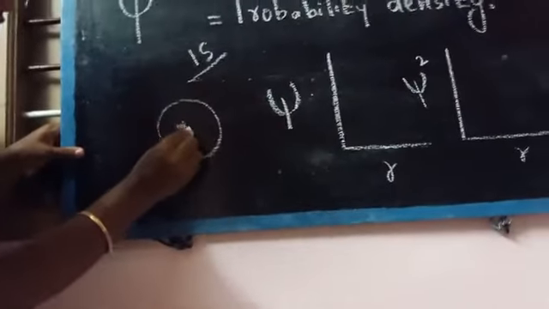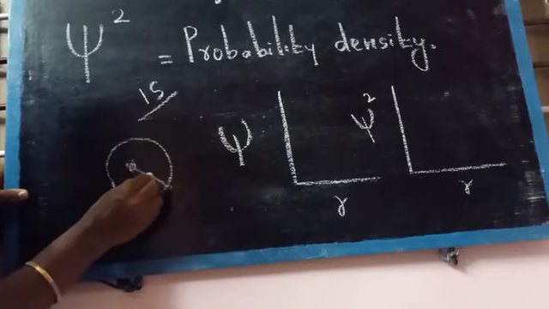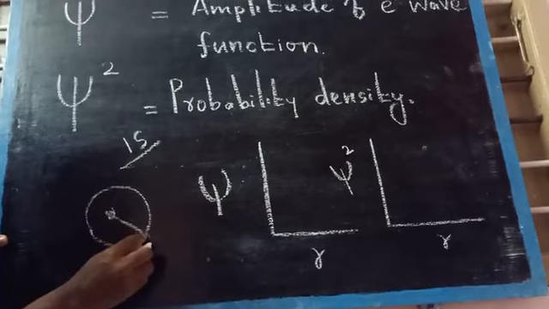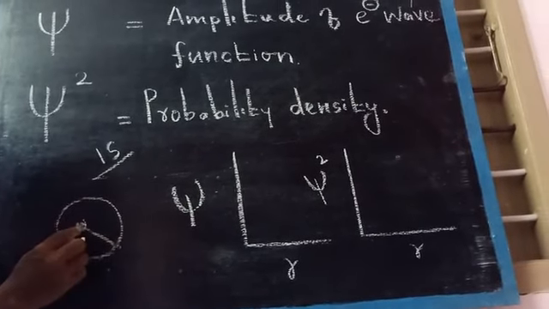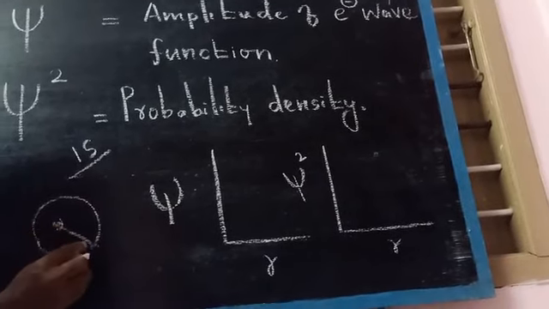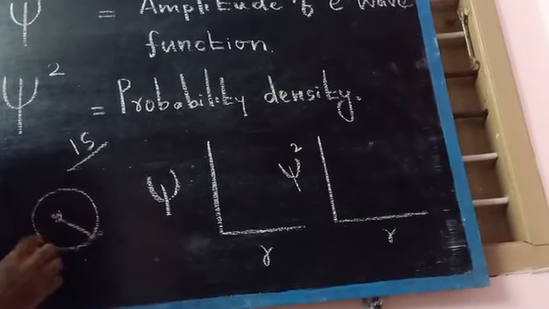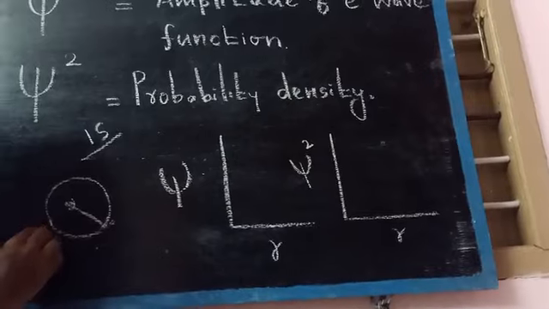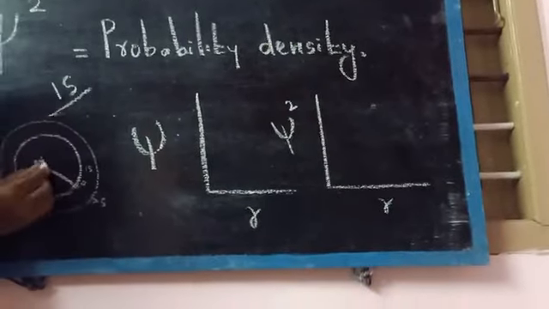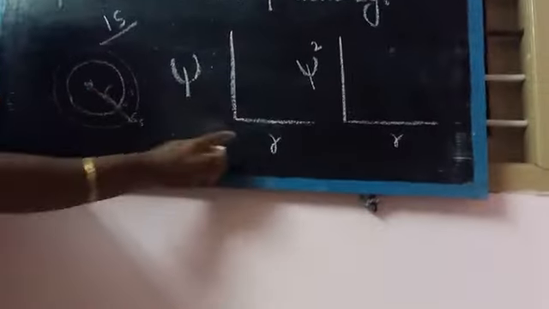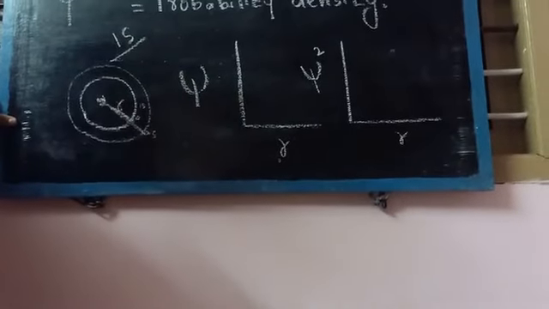Okay, so now to measure the distance. Now to find out the distance of the electron from the nucleus. The electron is present not only in this orbit, but in the second orbit also. This one is the 1s orbit, and the second one is the 2s orbit where the electron is present. So to measure this distance, it is denoted as R. Are you clear, children?